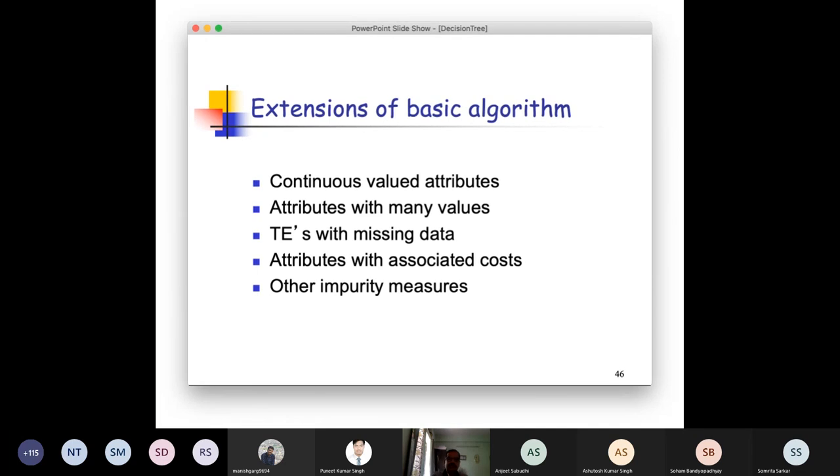So this is one situation. And then the other thing is that we have discussed particularly one kind of impurity measure, that is information gain. That is the measure we have used. But there are other impurity measures that are also used, so we can discuss them.